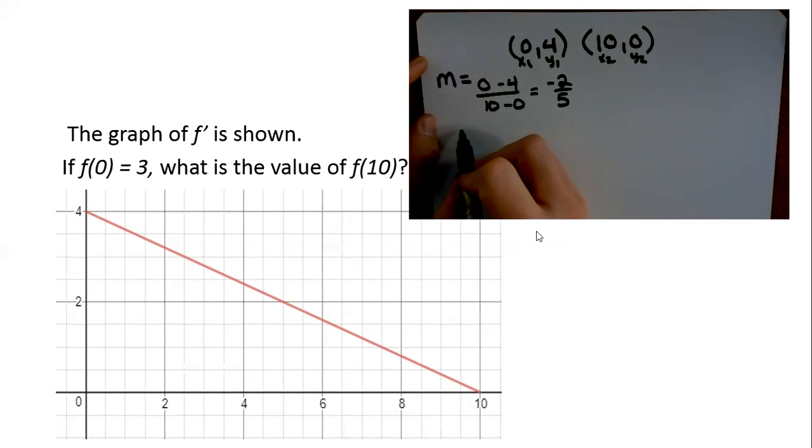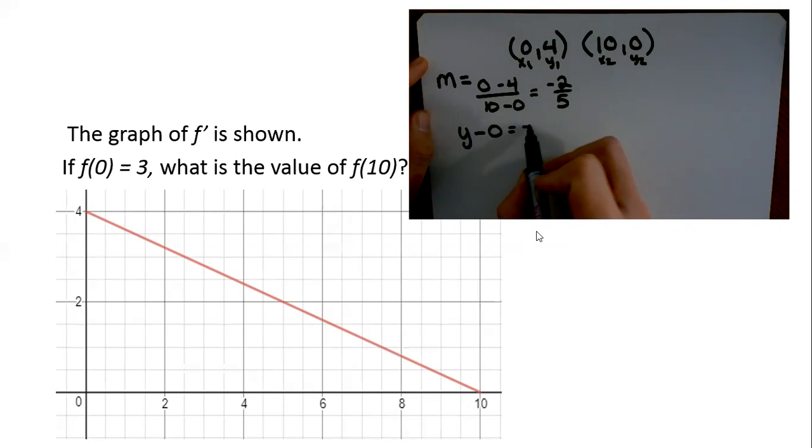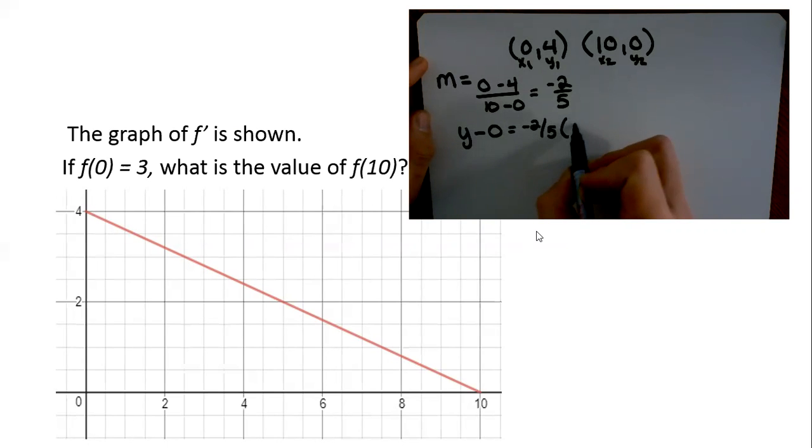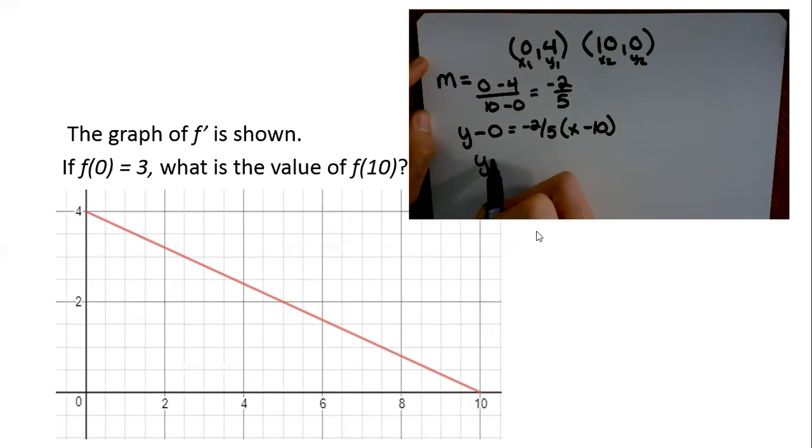If I put it back into point slope, let's put it into the second point there, I get y minus 0 equals my slope times x minus 10, which gives me an equation of y equals negative 2/5 x, and then negative negative gives me positive, 20/5 is just 4.